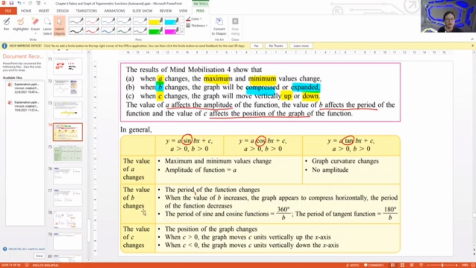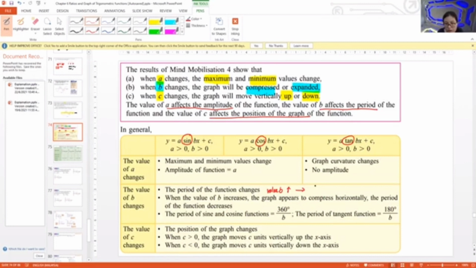And then the next one, the value of b. The period of the function changes. So when the value of b increases, so we write here, when the value of b increases, the graph appears to compress.